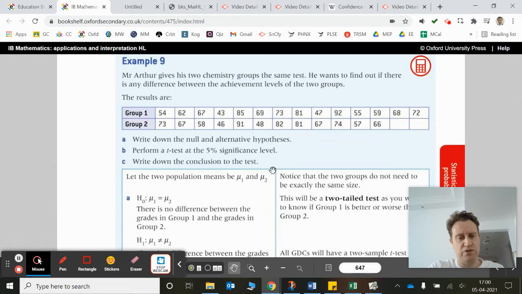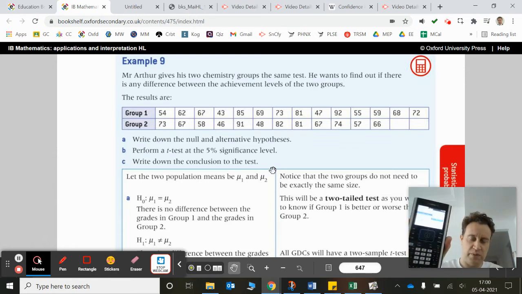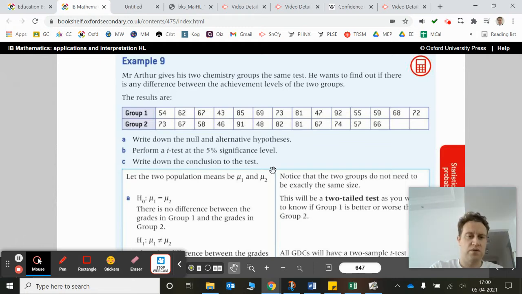So I'm going to go to menu, I'm going to go to statistics and stats tests. I want a two-sample t-test, so it's the fourth option in the TI Inspire. That's what I'm up to at the moment. I'm genuinely doing this in the background. Okay, so I'm going to go data.